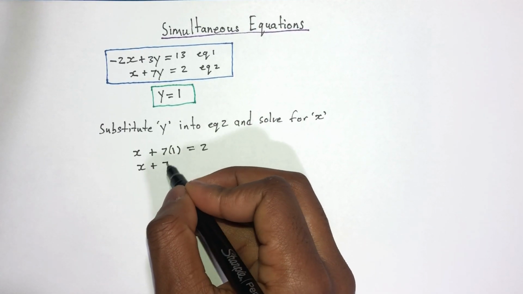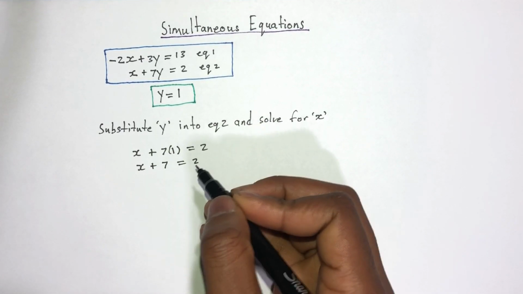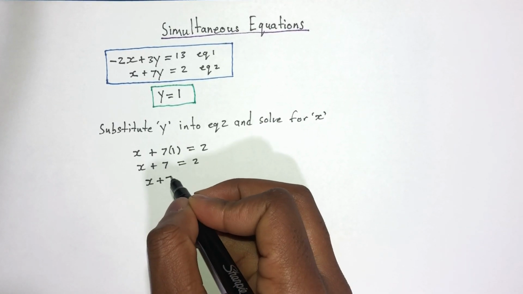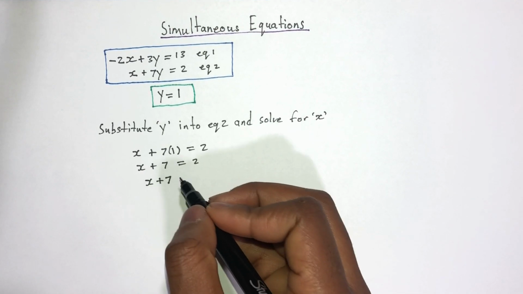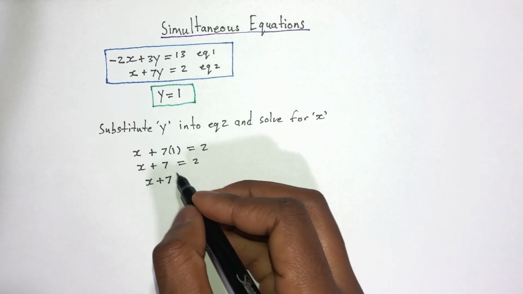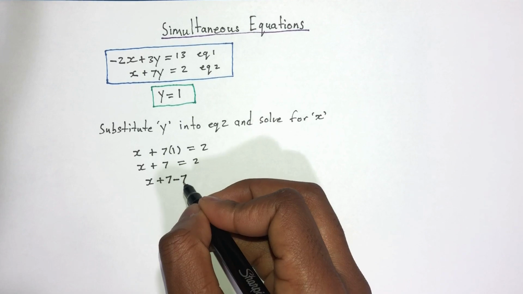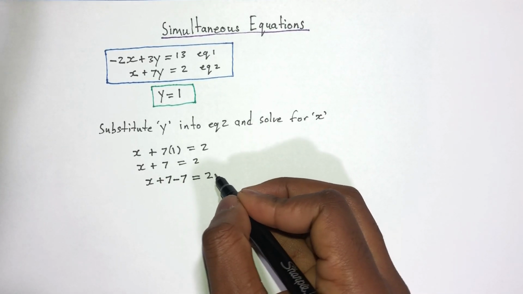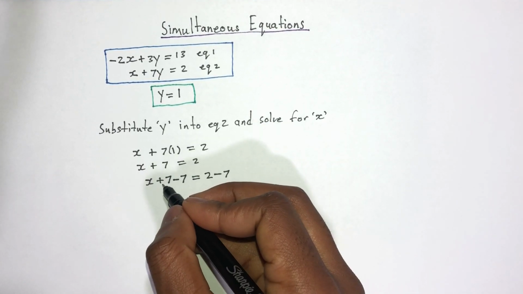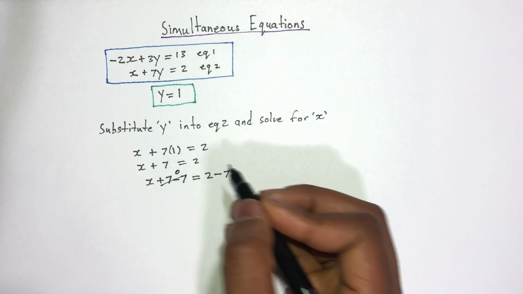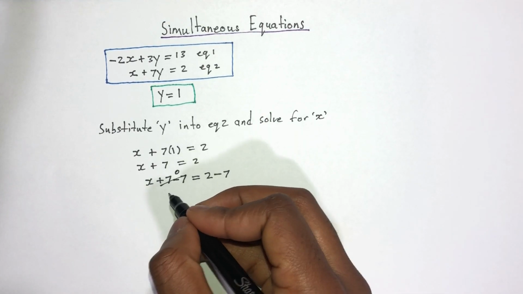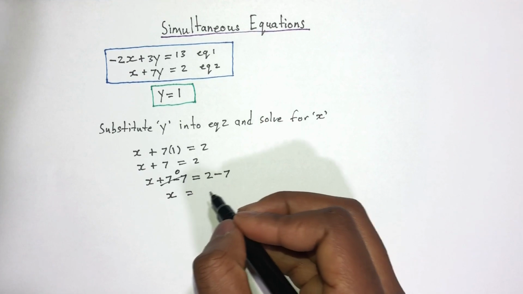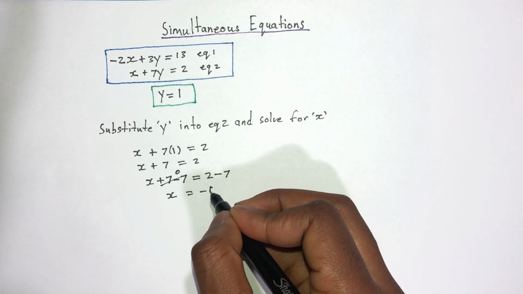Seven times 1 is 7. We have a positive 7, or we can say that 7 is being added. Therefore, we have to subtract a 7. This leaves us with 0. X equals 2 minus 7 gives us negative 5.